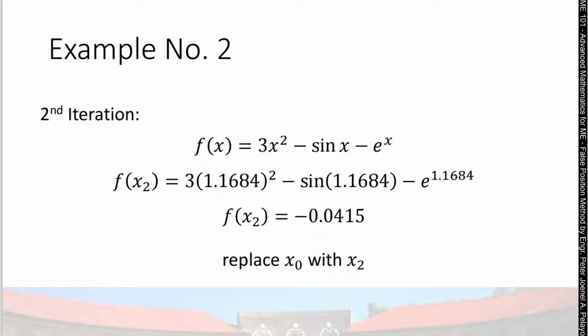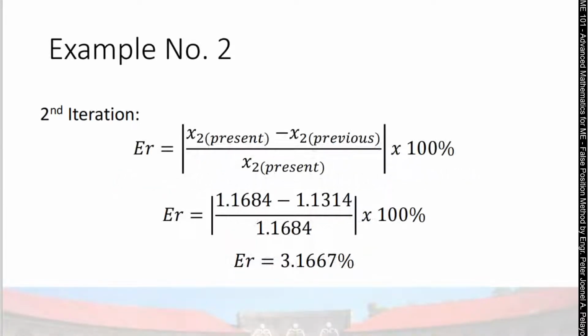Then we substitute: 3 times 1.1684 squared minus sine 1.1684 minus e raised to 1.1684, with the resulting f(x2) equal to negative 0.0415. So, replace x0 with x2.